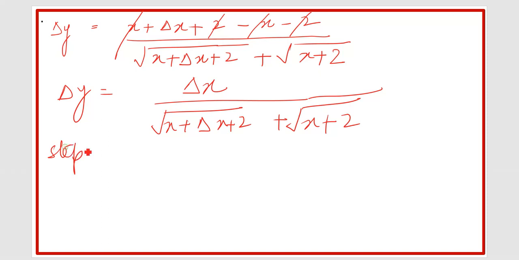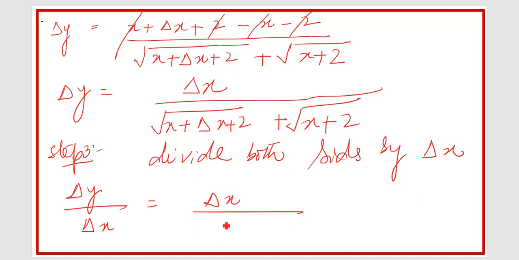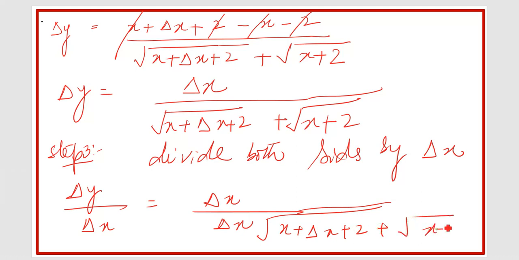Right, now we will start step number 3. In step number 3, what you have to do is divide both sides by delta x. So here delta y over delta x is equal to delta x over delta x into, the denominator will remain the same, square root of x plus delta x plus 2 plus square root of x plus 2.